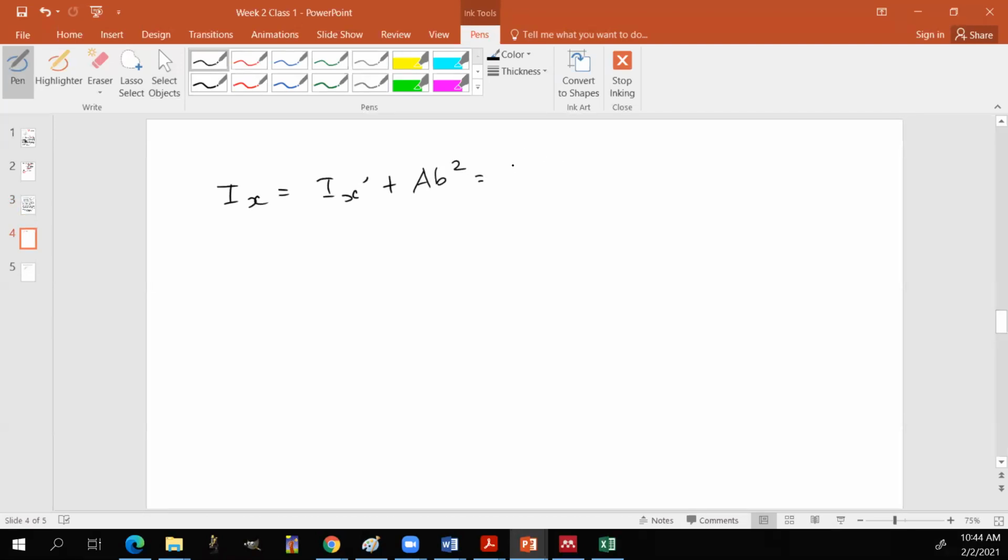That's equal to Ix prime we found was 7.26, right? Without looking over at the other slide, times 10 to the 6th plus area is 12.72 times 10 to the 3 times, what was B? 81.8, right? So 81.8 squared, right?